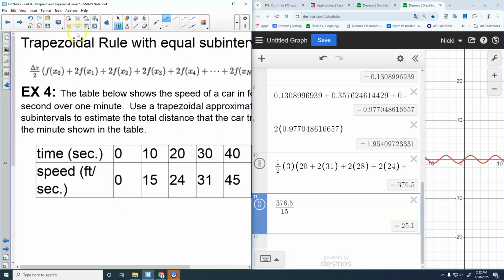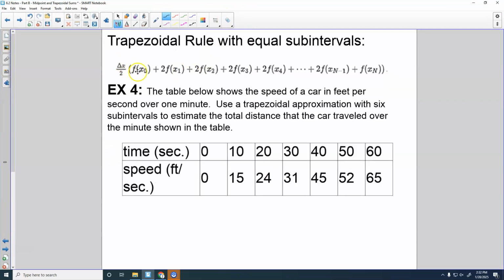All right, so on the next slide, I have summarized the trapezoidal rule for you. And as long as you have equal subintervals, you can shortcut straight to this. If you have different length subintervals, you have to do the area of each trapezoid separately like we did on the first problem.